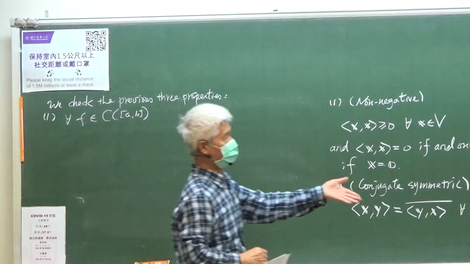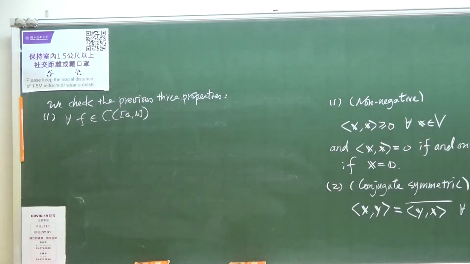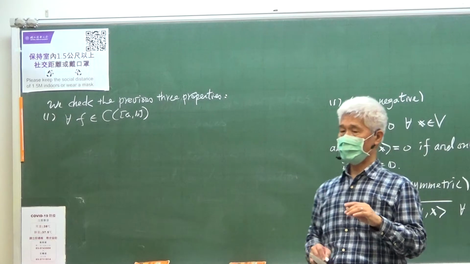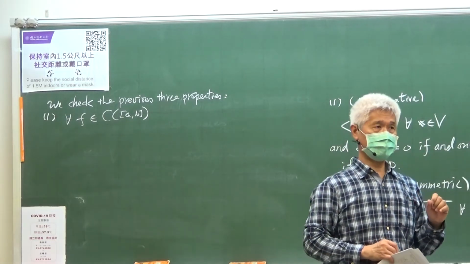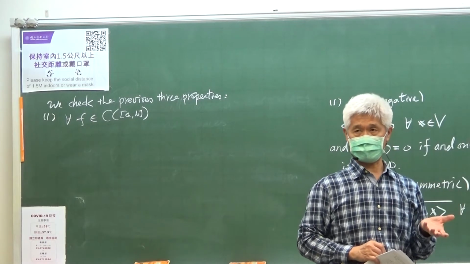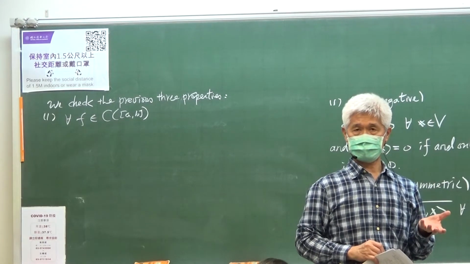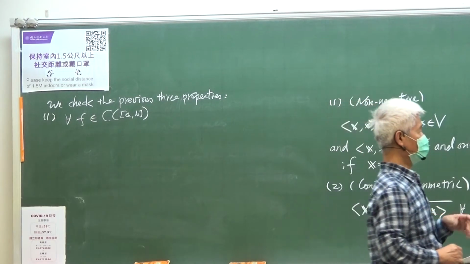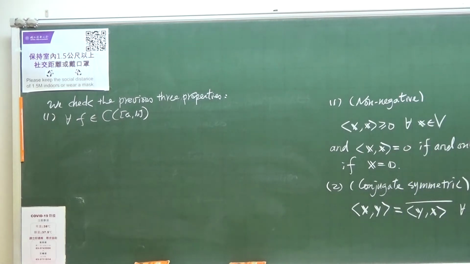Or you may think like that the sum of two continuous functions is also continuous, right? In calculus. A scalar multiplication of a continuous function is also continuous. So it's closed under vector addition and scalar multiplication.